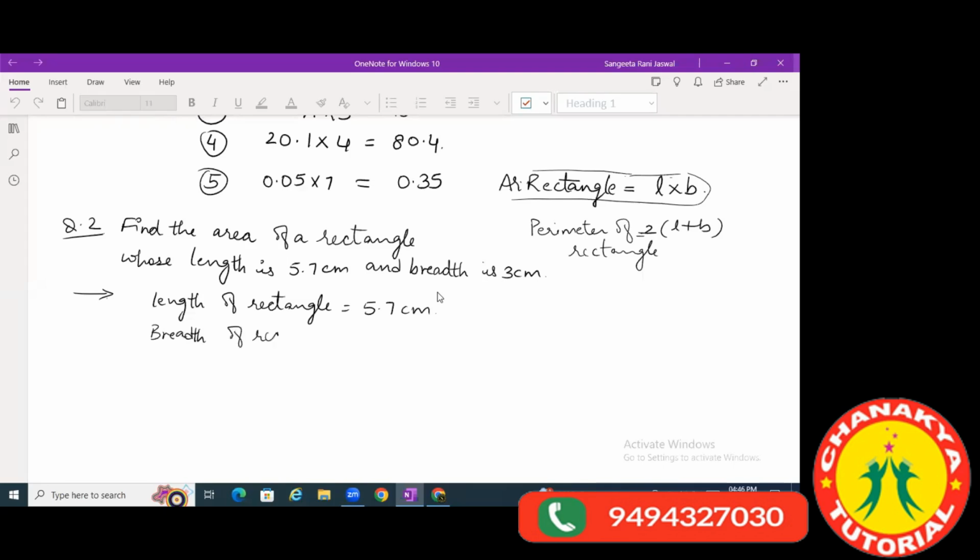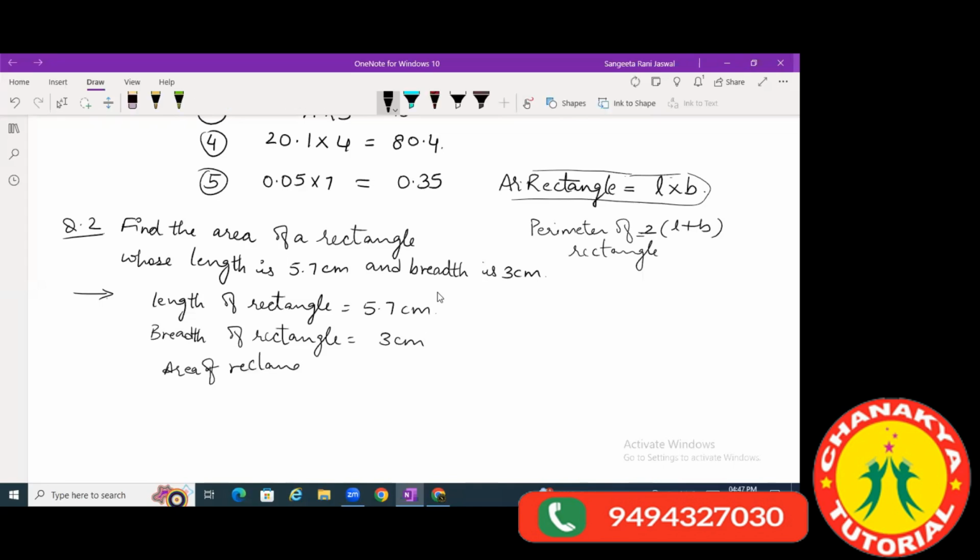So breadth of rectangle is equal to 3 centimeters. Then you will write here area of rectangle. Area is length into the breadth. Okay, like this.